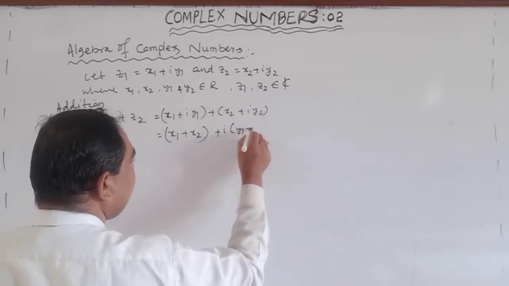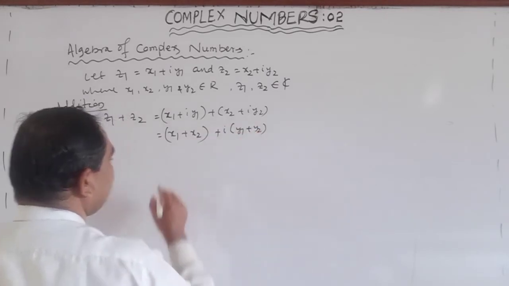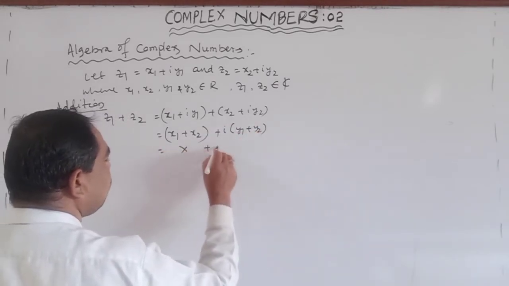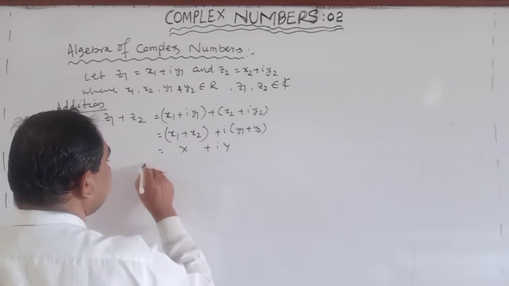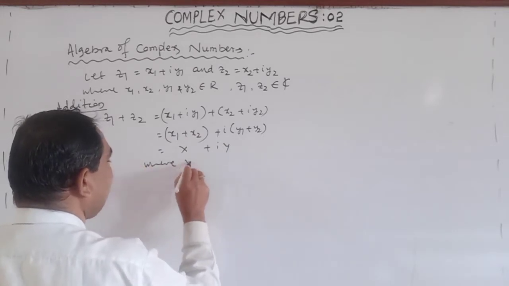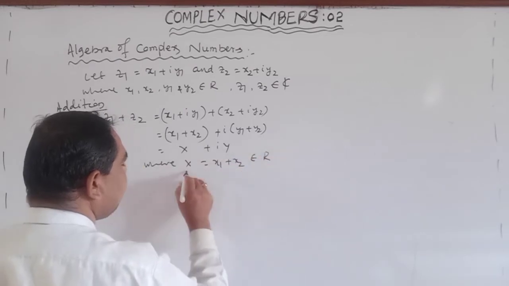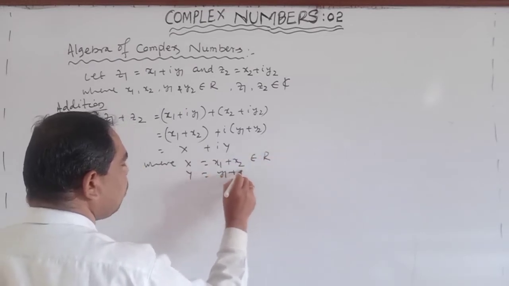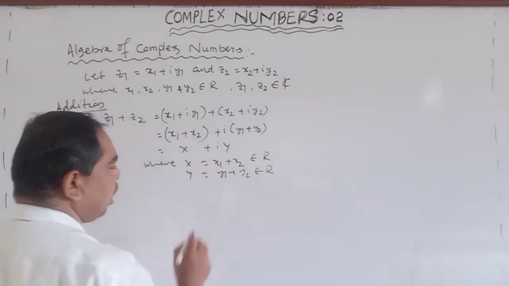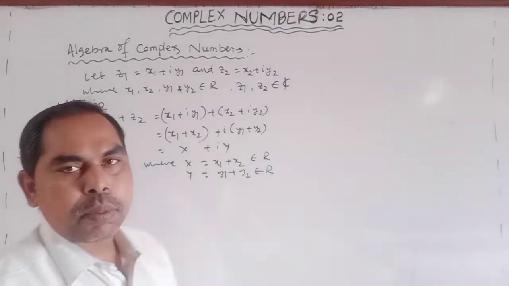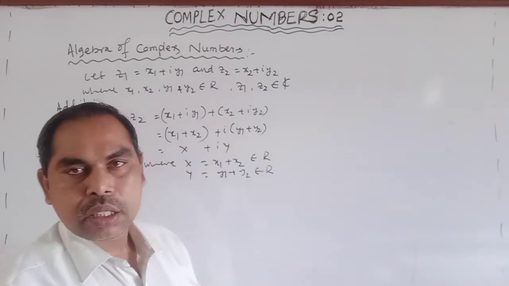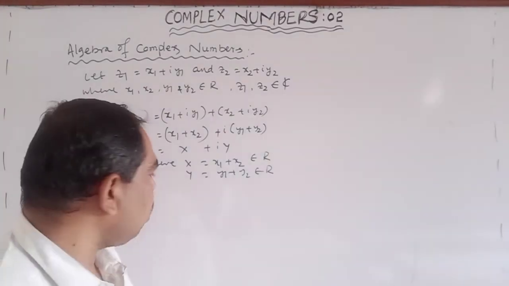Suppose this is capital X plus i into capital Y, where capital X is equal to x1 plus x2 belongs to real number R and capital Y is equal to y1 plus y2 also belongs to real number R, because sum of two real number is also a real number.